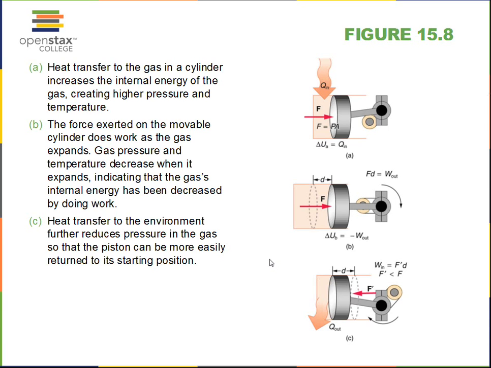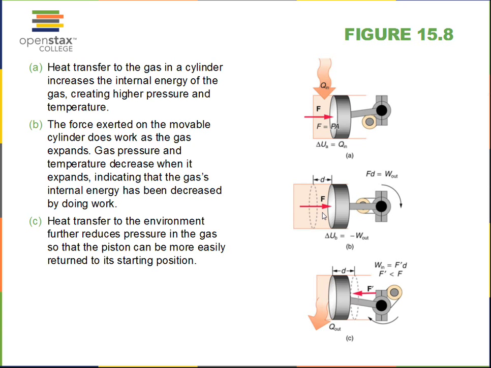But the work is being accomplished by a force creating pressure, and we're actually going to calculate the work done in simple situations. If the pressure is constant, the work will be the pressure times the change in volume for the system. And this gets us into force times distance.